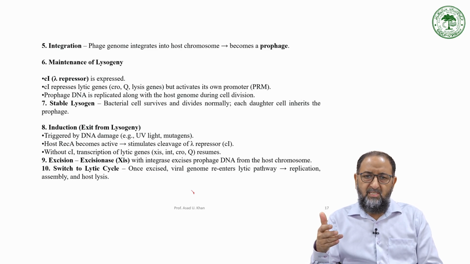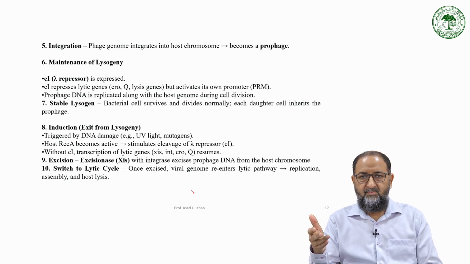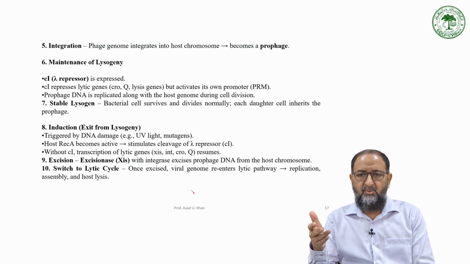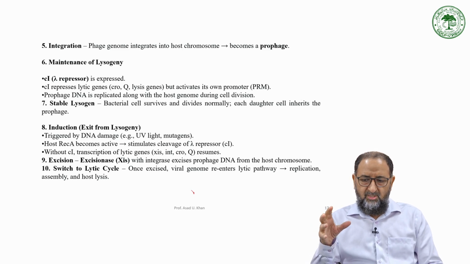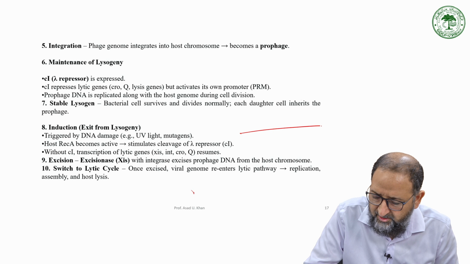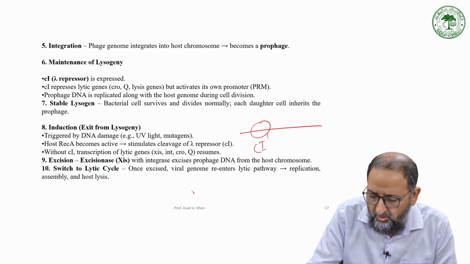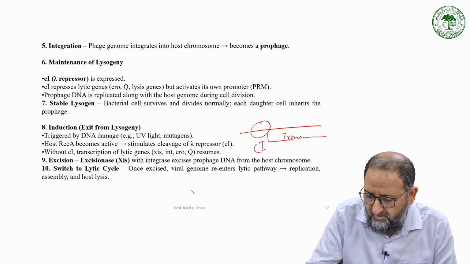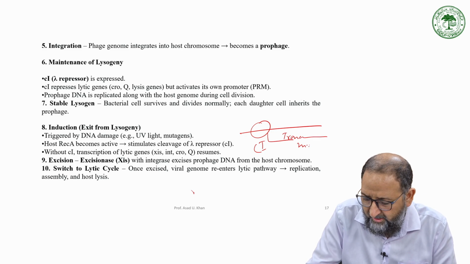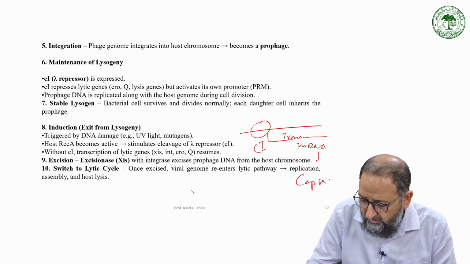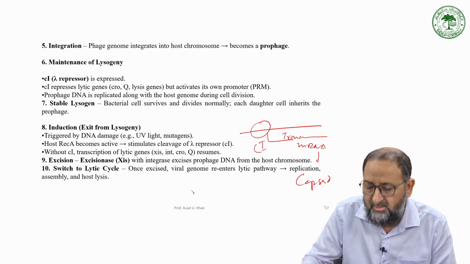It stimulates the cleavage of the lambda suppressor. We call the lambda suppressor cI, because the cI suppressor binds at this gene. It does not allow the various transcription processes to make mRNA and to form capsids. So this process is basically stopped.